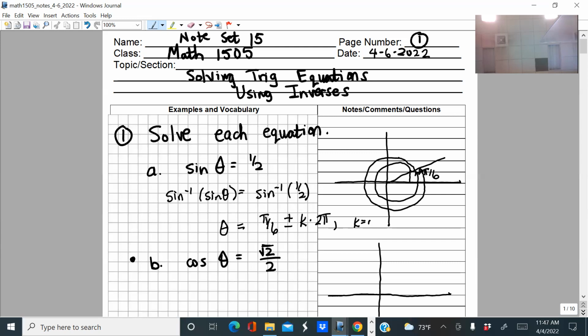And so k can be 0, and I just get pi over 6. Or k can be 1, that would be pi over 6 plus or minus 2 pi. Or k can be 2, that would be pi over 6 plus or minus 4 pi, etc. Usually you don't have to write this part down. It's understood: just pi over 6 plus or minus any multiple of 2 pi.